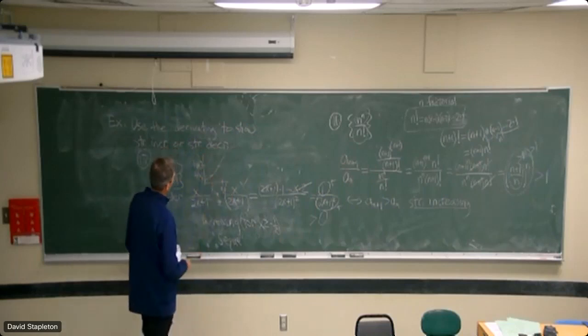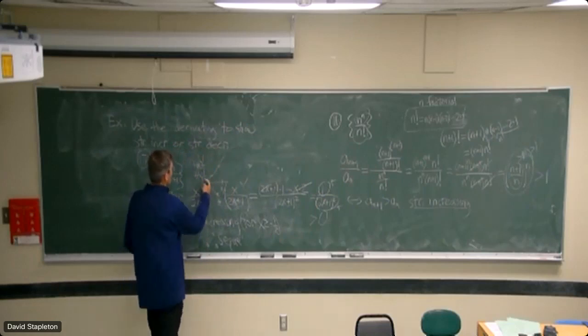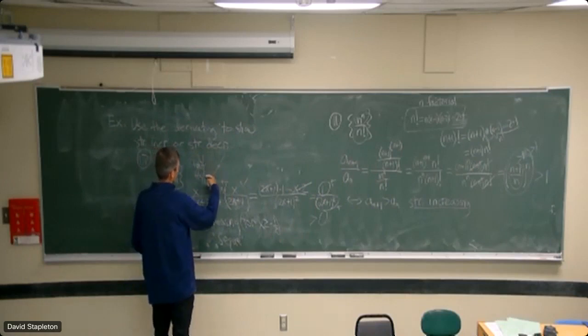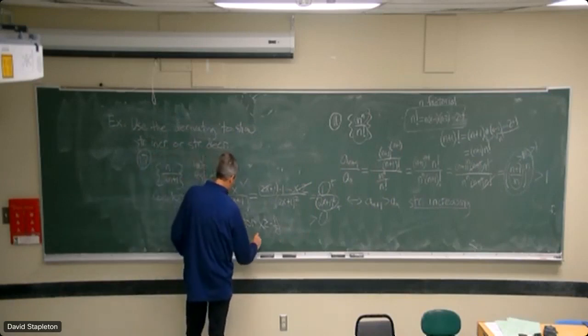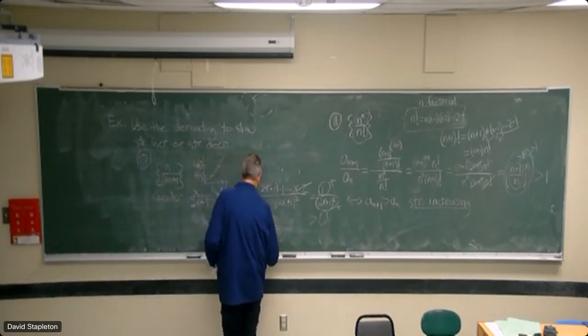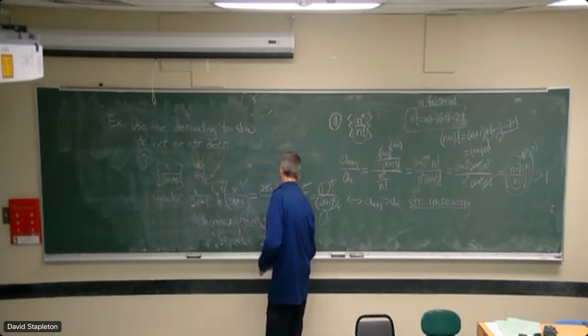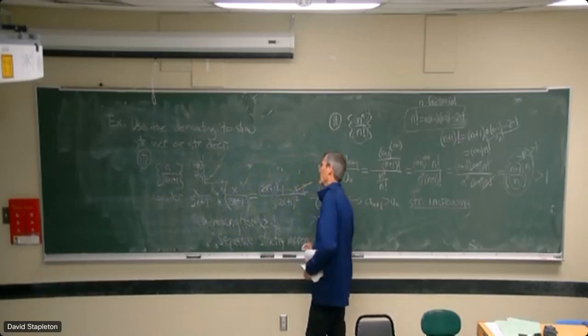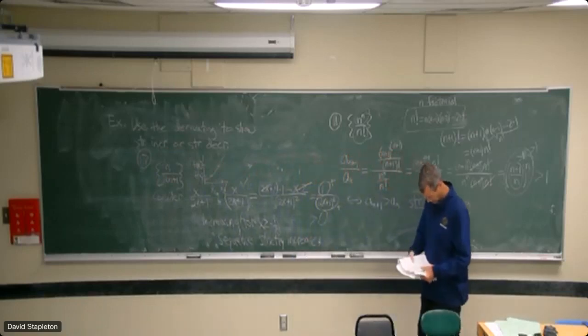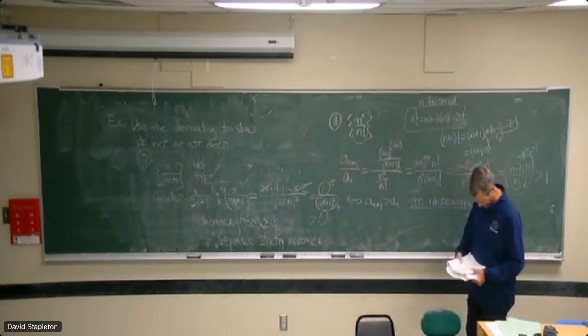Anyway, the function is increasing means that each f of x2 is greater than f of x1, and that means the sequence is strictly increasing. That's really pretty much the whole section that I want you to be able to do. It's those 3 tests.